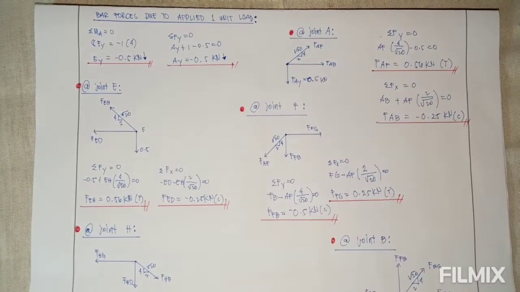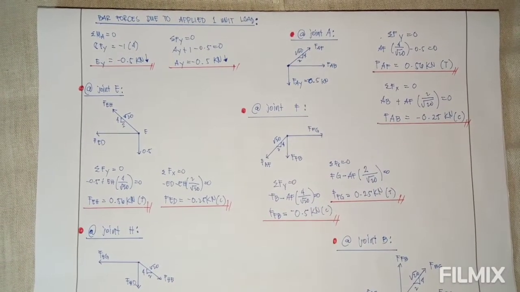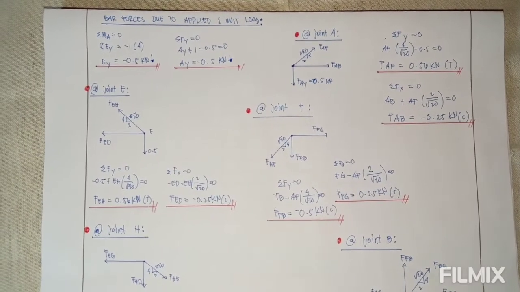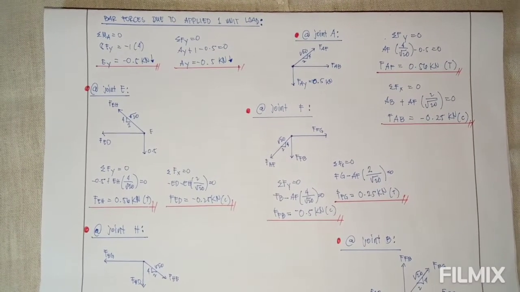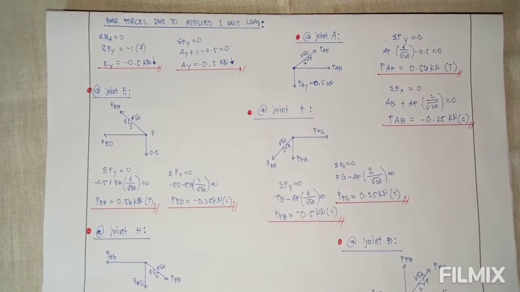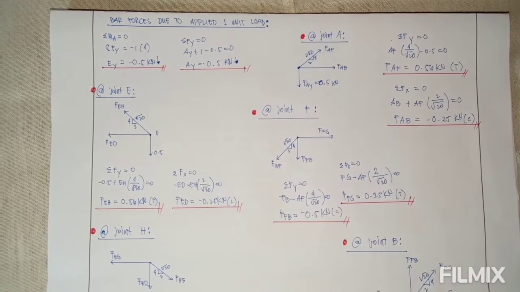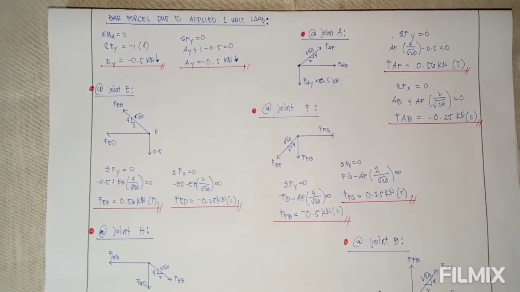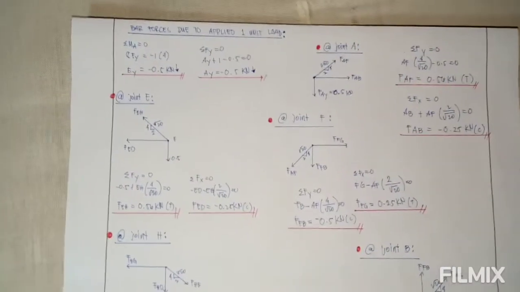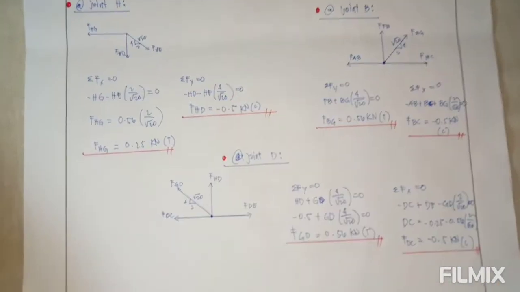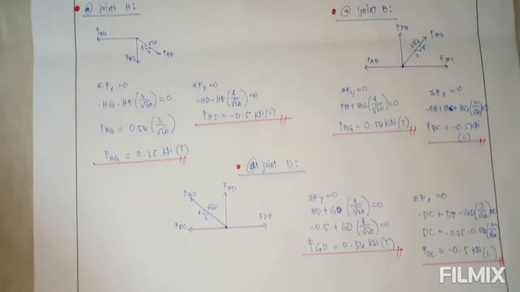Now, the values of EY, AX and AY, the remaining reactions, have changed. Its value has changed into negative and its direction is downward. So these are the values we obtained in each joint.